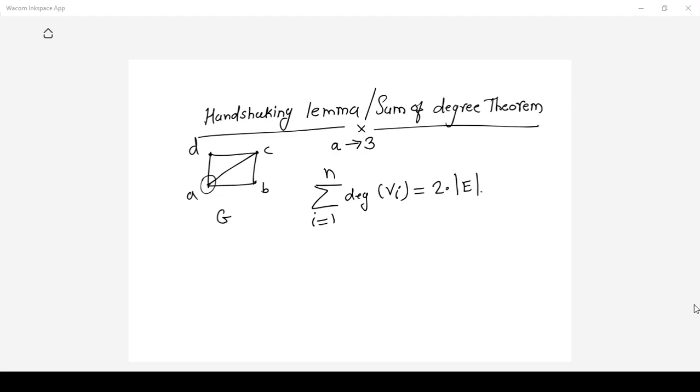The degree of vertex A is 3, the degree of vertex B is 2, the degree of vertex C is 3, and the degree of vertex D is 2. If you sum this, you will get 10. So this is equal to twice the number of edges. So 2 into what are the number of edges in the given graph? It's 5. So 2 into 5 is 10. So the sum of degrees of all vertices is always equal to twice the number of edges.